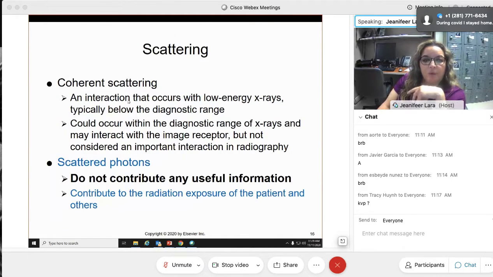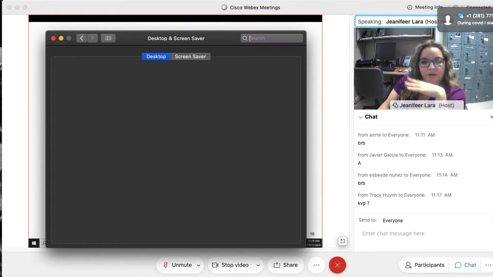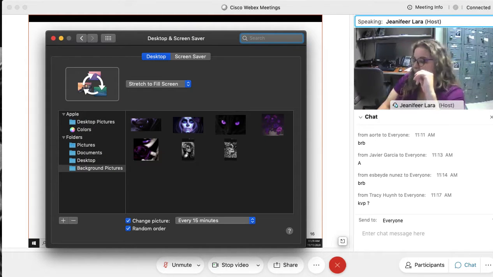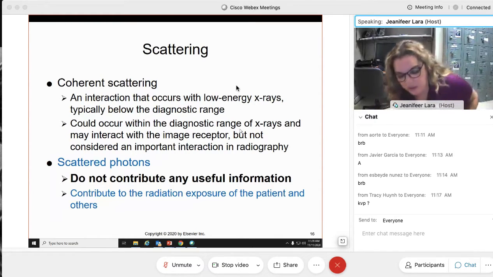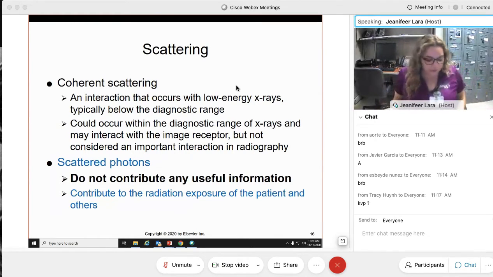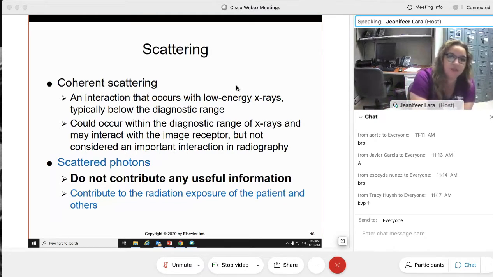So when we think about coherent scattering, classical scattering, that is not part of differential absorption. That only happens at the very low end of our spectrum, and it only contributes to what? What does classical coherent scattering contribute to? Patient dose.